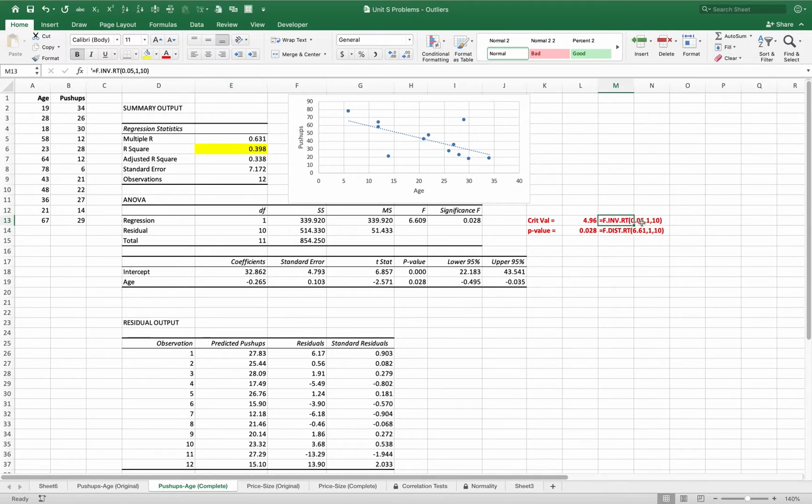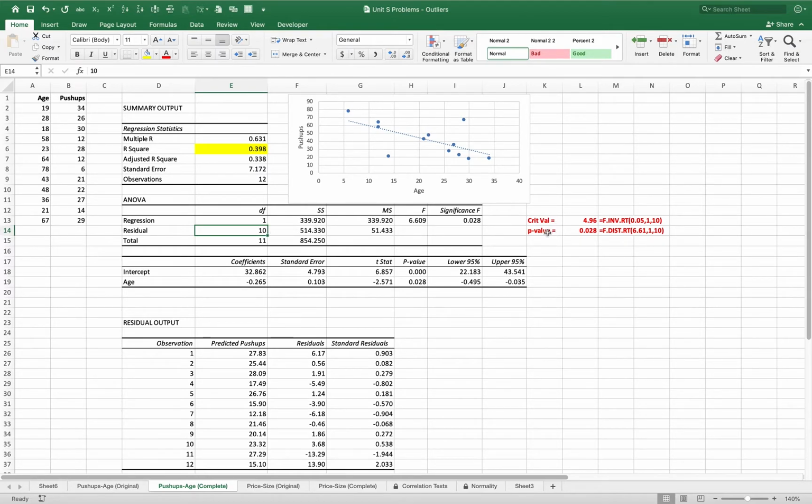And then the denominator there is 10, which is right here. So that's the SSE, or another name for that is residual, right? So the SSE degrees of freedom is n minus p minus 1. So we've got 12 observations minus one x variable minus 1 for the y variable. And so that gives us then 10.